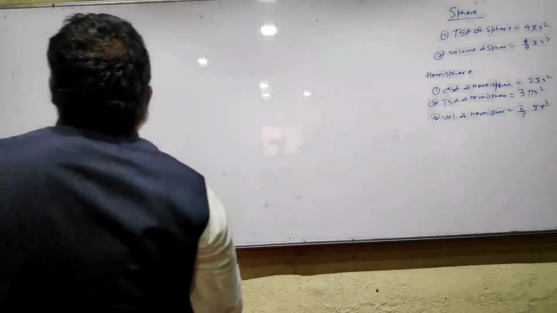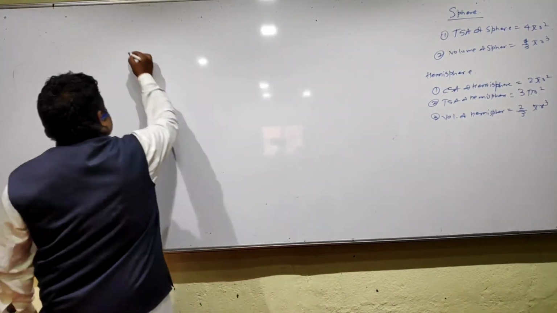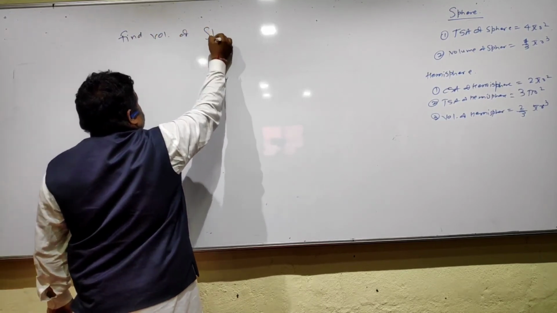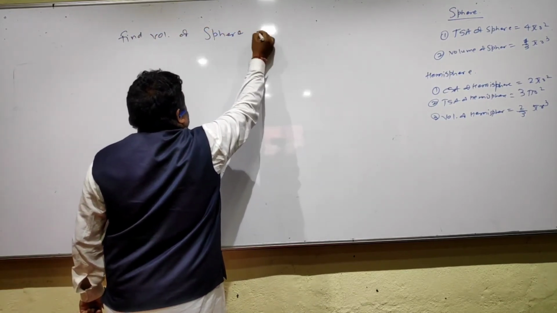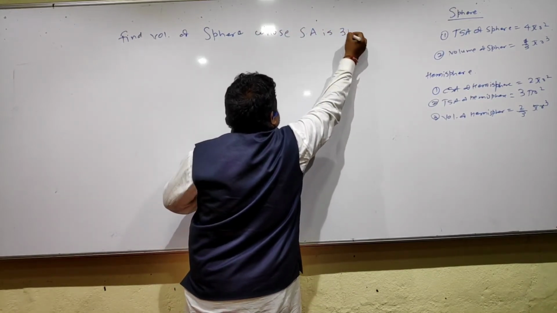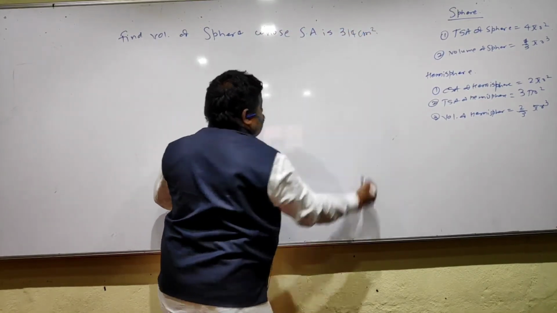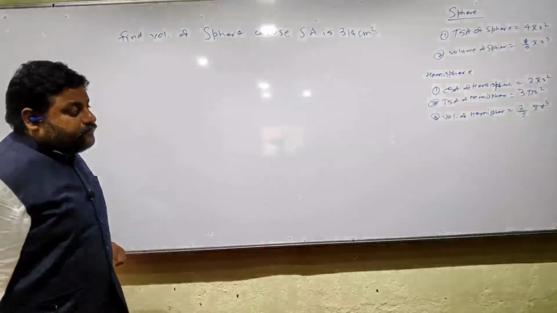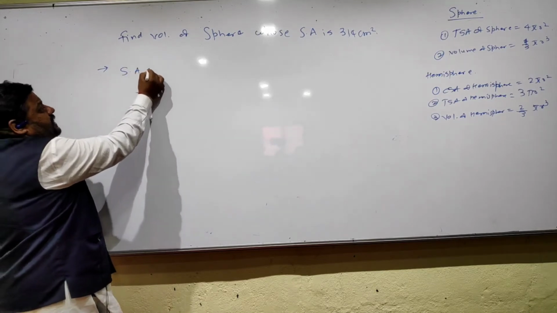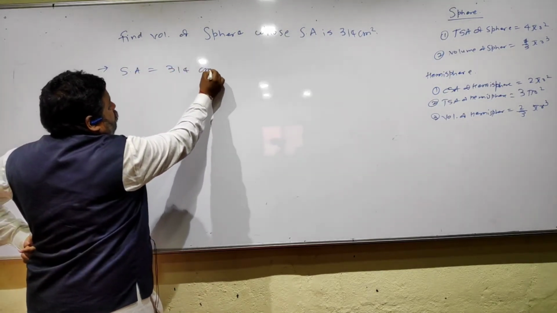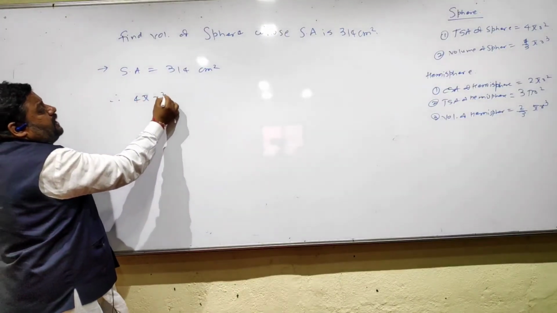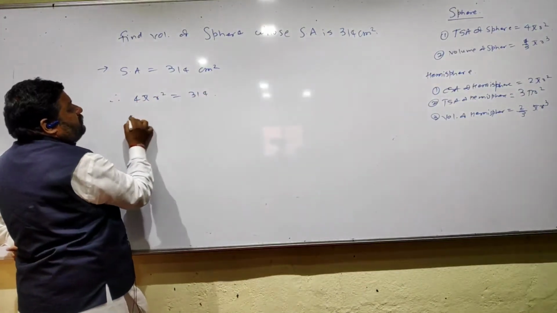Next question is: find the volume of a sphere whose surface area is 314 cm square. Surface area is nothing but 4 pi r square equal to 314.